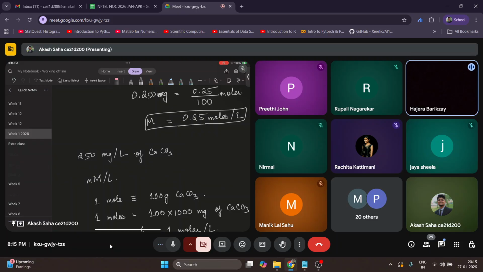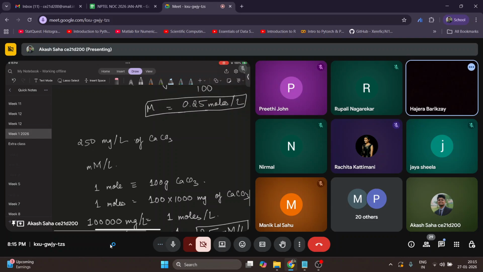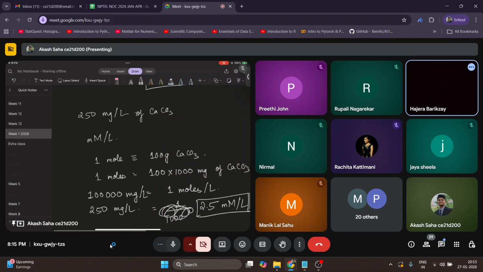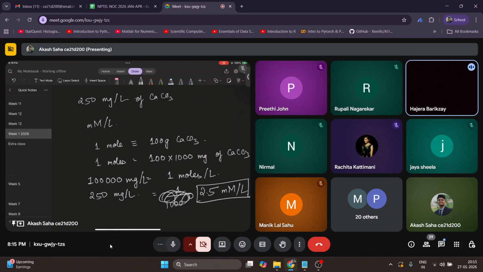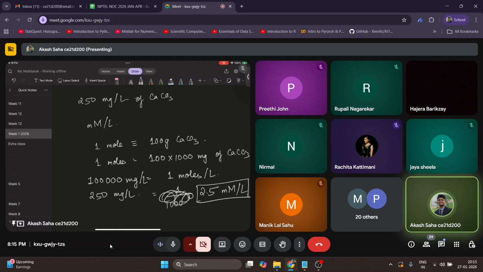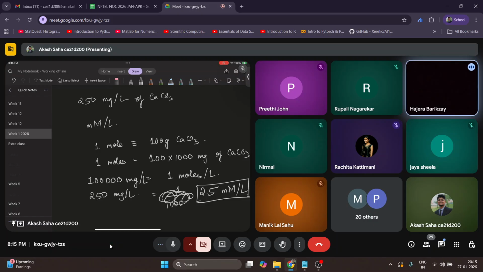So we have 250 milligrams per liter, and we wanted to convert this into millimoles per liter.